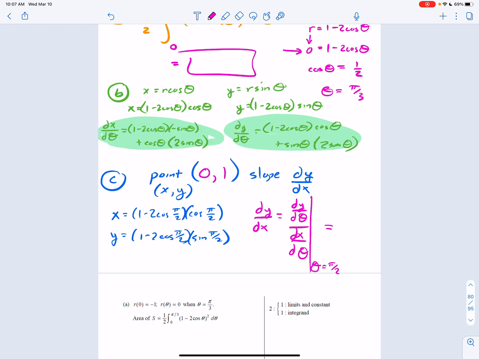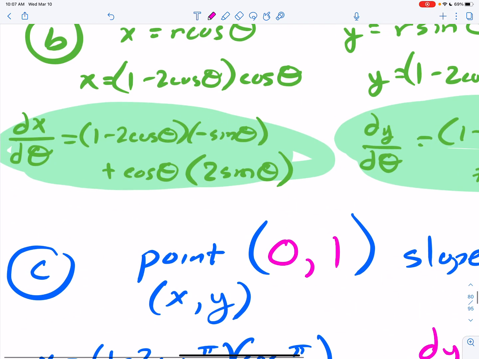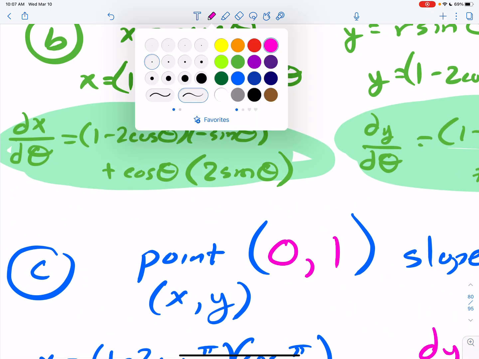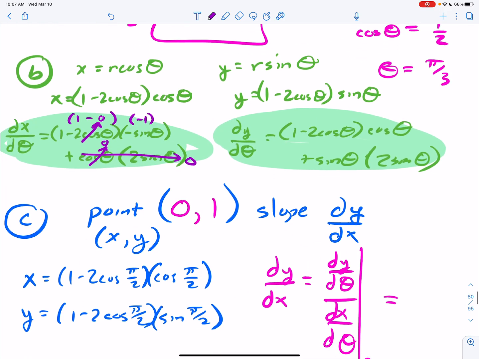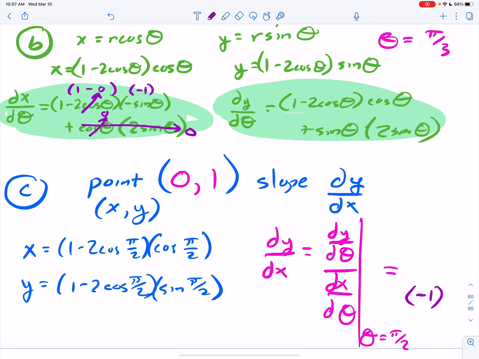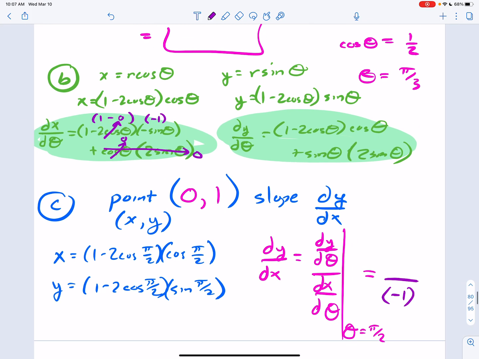For instance, the cosine of pi over 2 would come out to 0. So this would be 0. This would also be 0, causing this whole thing to be 0 here. Sine of pi over 2 is 1. So this is negative 1 times 1 minus 0. So that looks like dx d theta comes out to negative 1. Hopefully I got that right, but I'll double check.